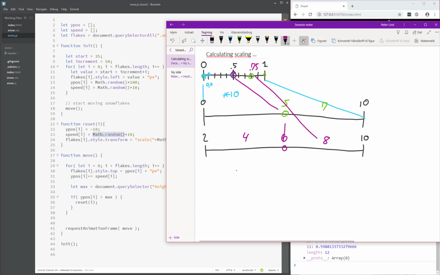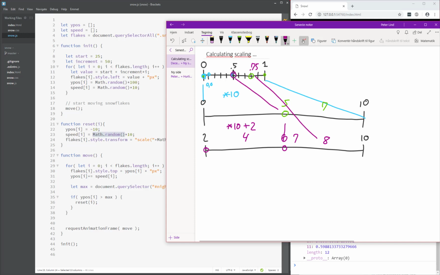So maybe I should say multiplied by 10 plus 2. 0 multiplied by 10 is 0, plus 2, that's 2. So that works. And 0.5 multiplied by 10, that's 5 plus 2, that's 7. Oh, so that does not work.